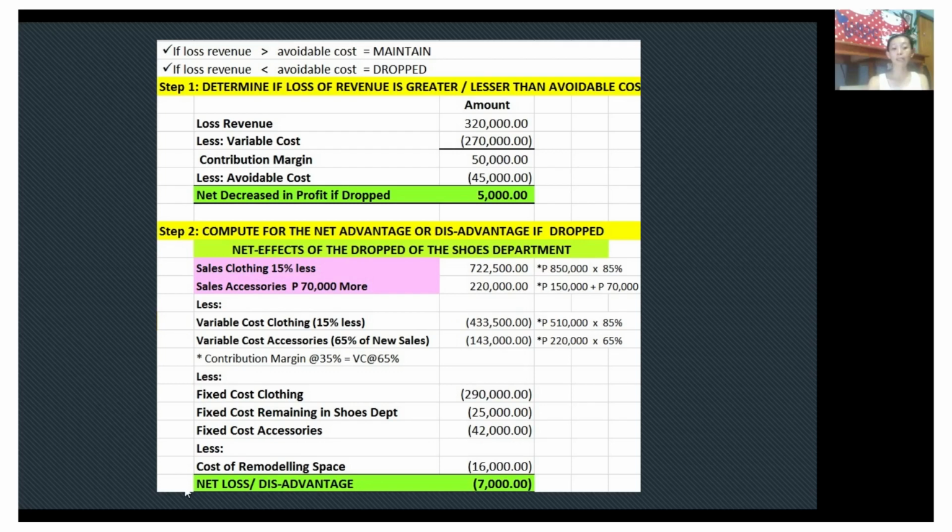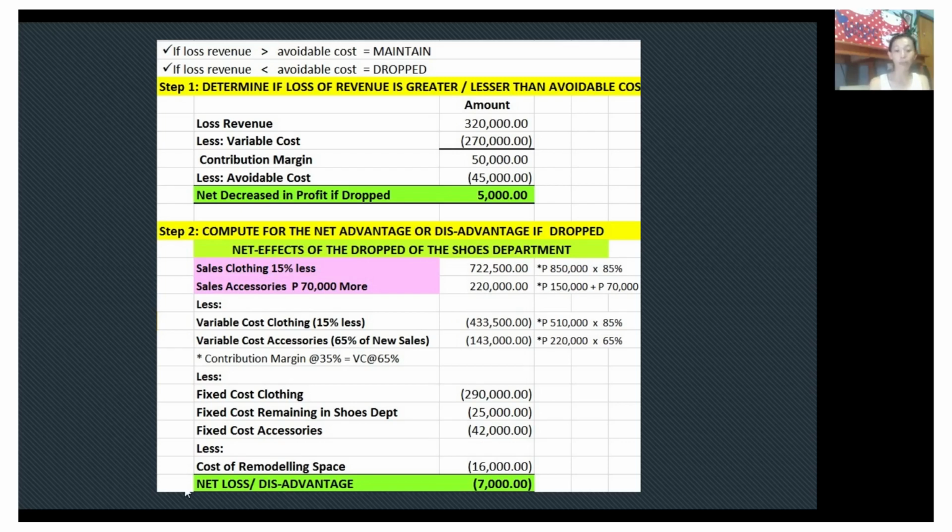Last na po nato si fixed cost ng accessory which is 42,000 pesos. And lastly, we less the cost for remodeling the space. So once we eliminate shoes, or drop shoes, then we remodel it to make it fit for accessory department. So the remodeling space cost is 16,000 pesos.